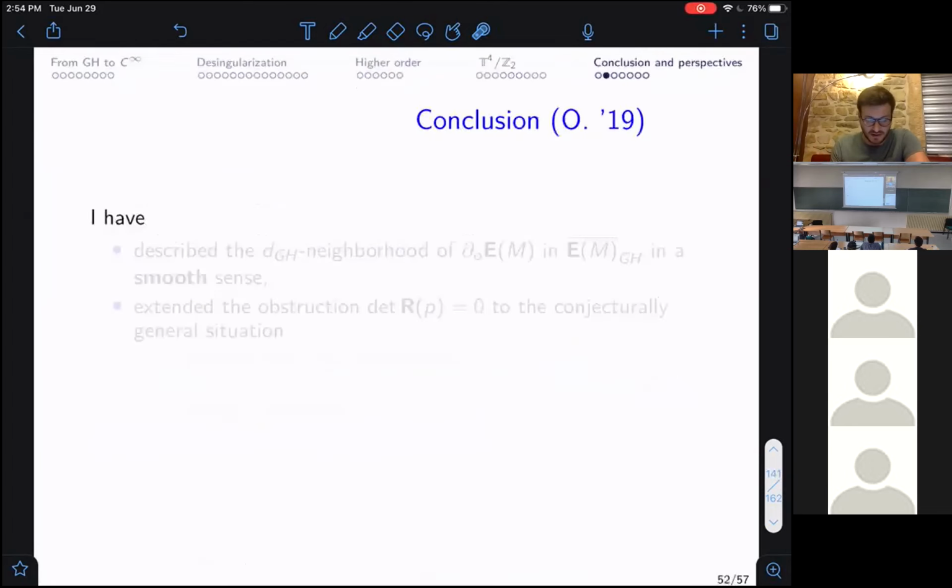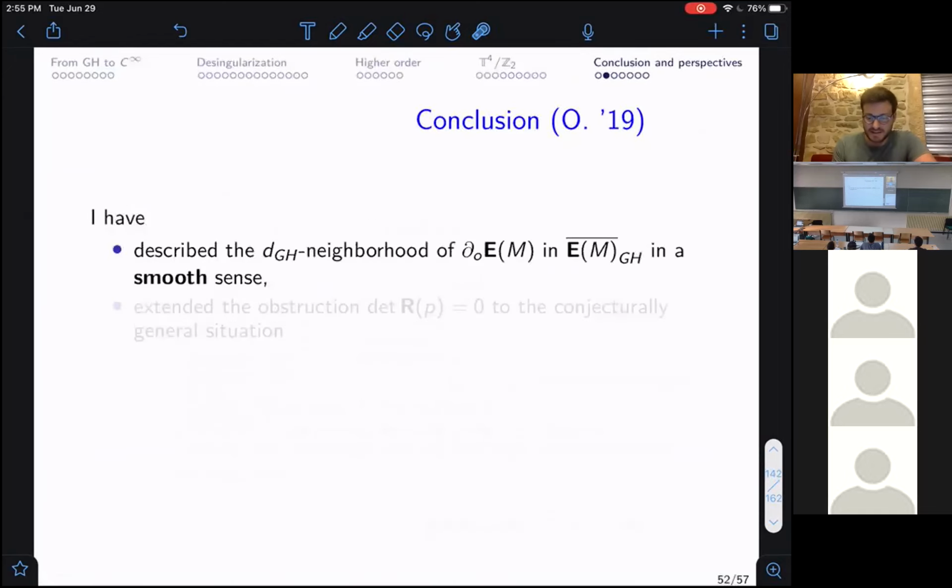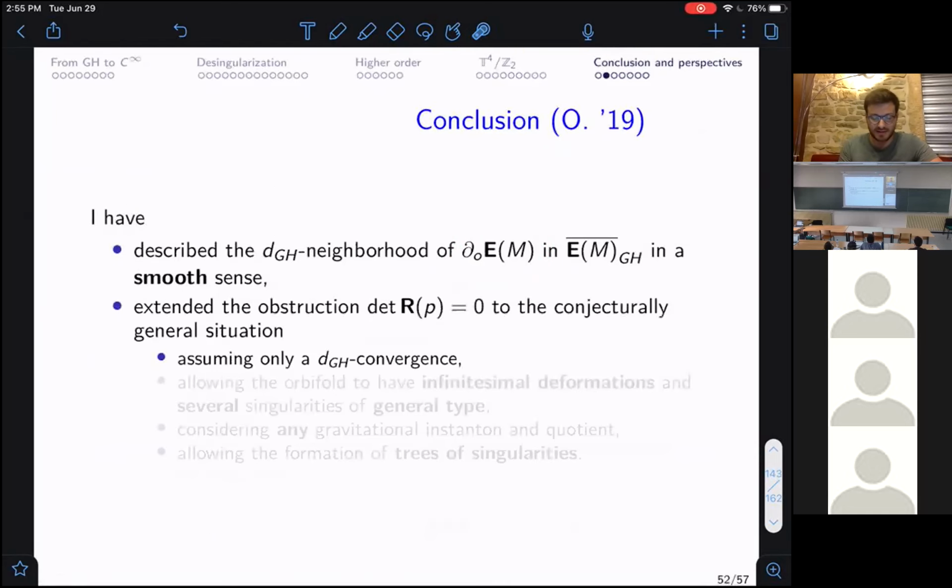And let me just conclude by quickly recalling what we did today. I'm going to do it chronologically. So in my first papers of my PhD thesis, I proved that first the Gromov-Hausdorff neighborhood of the set of singular metrics is described in a smooth sense and not only in a Gromov-Hausdorff sense. And then this let me extend this obstruction that Biquard found to the conjecturally general situation.